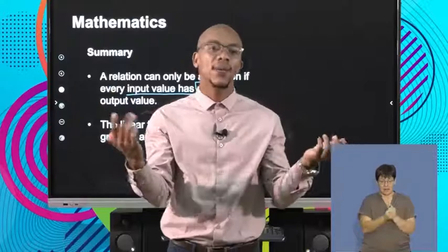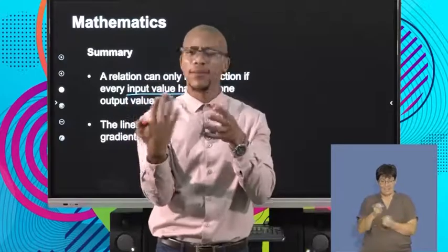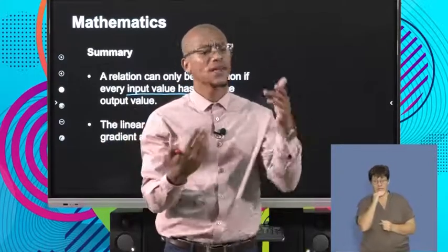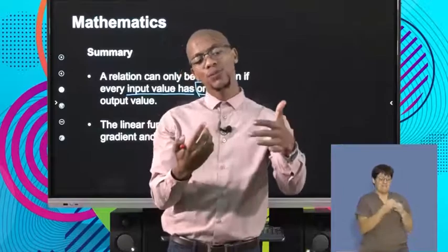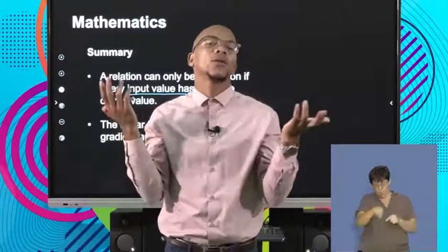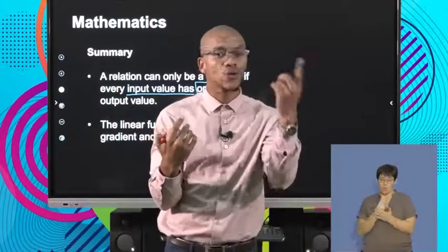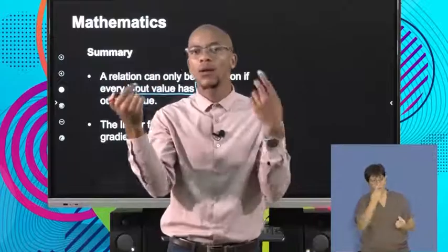But it can happen that many input values give us one output value. That is the many to one. But that just simply means that it's unique input values that always yield one output value, but it's unique value. So it's always 1, 1, 1, 1, 1, 1.